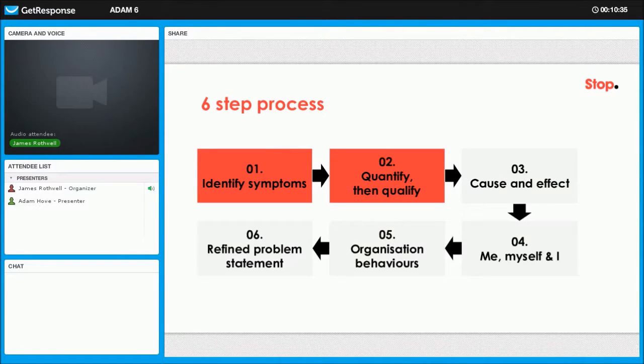These two are about identifying the complexity. And if you think back to the earlier slide, this is all about creating the hit list. And then steps 3, 4, 5, and 6 are about digging for the sources, the root causes, once we've got the complexity that's in scope for us to simplify.